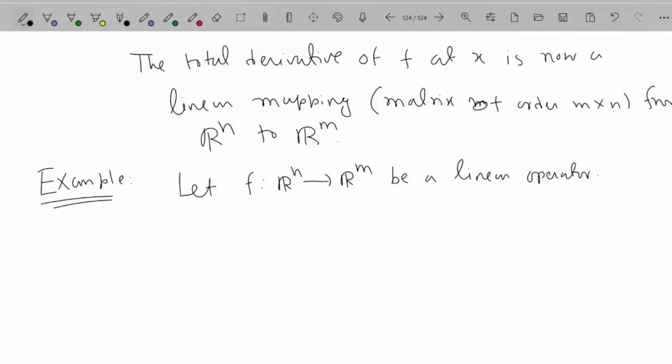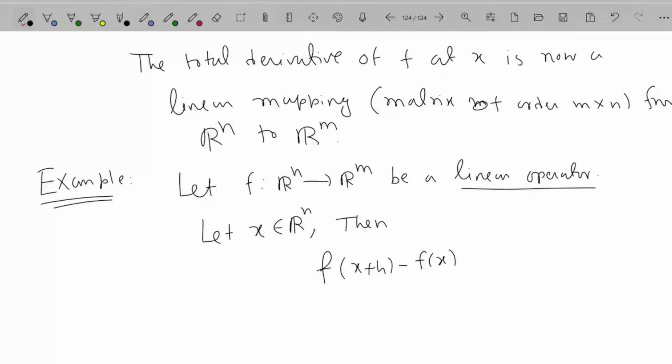Let's take a point, let x belong to Rn. Then if we calculate f of x plus h minus f of x, because f is a linear mapping, you see that it will cancel out and you will have only f of h.